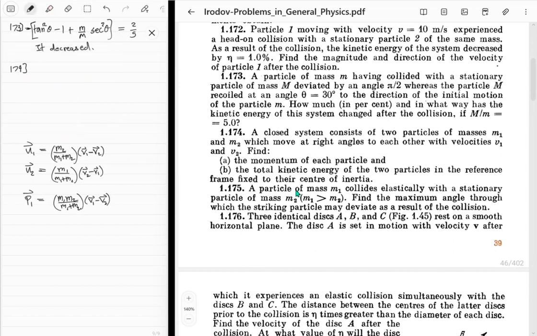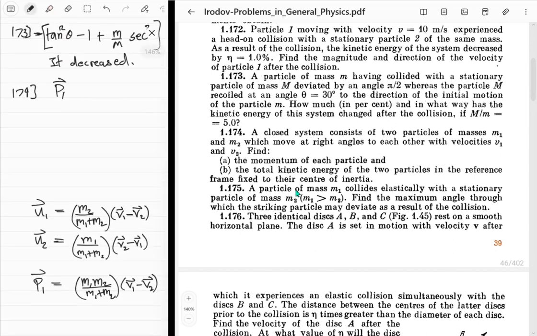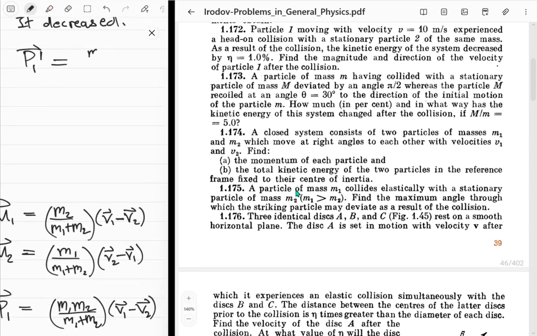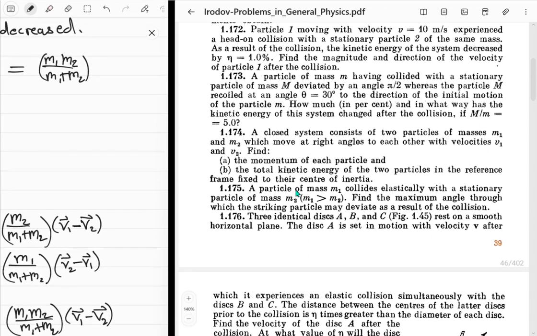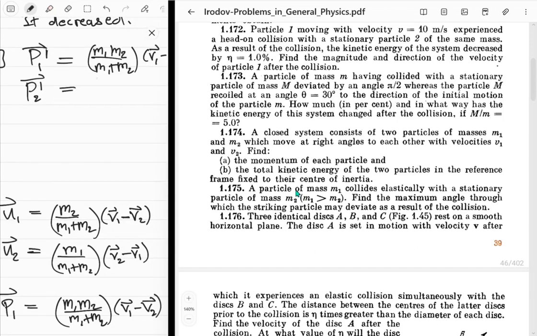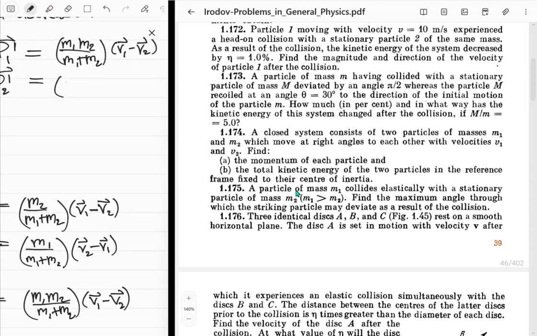Cool. So momentum 1 dash, representing that seen by the center of mass, is equal to m1 m2 upon m1 plus m2 times v1 vector minus v2 vector, and momentum 2 in the center of mass frame will be m1 m2 upon m1 plus m2 times v2 vector minus v1 vector.